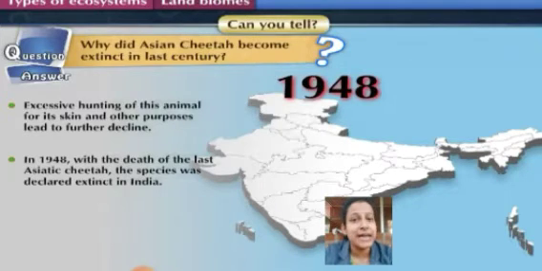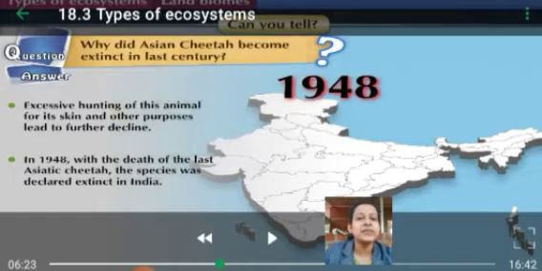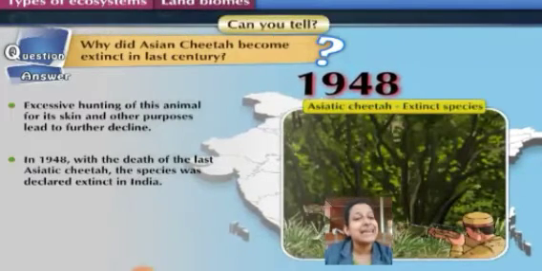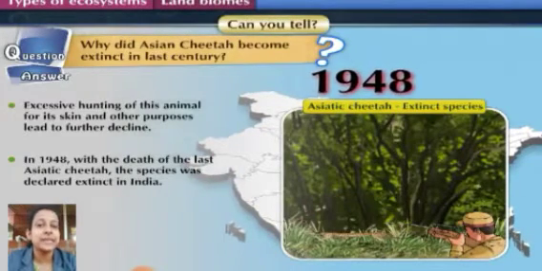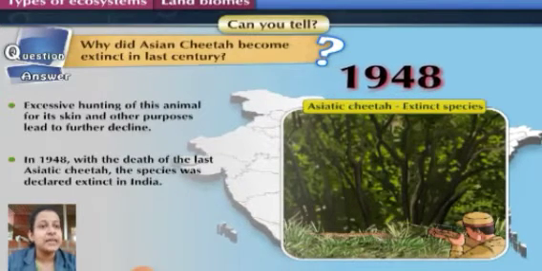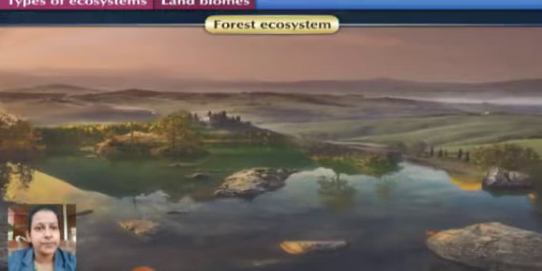So this was another reason, hunting for the skin. Next, in 1948, with the death of the last Asiatic cheetah, the species was declared extinct in India. So the last cheetah died in 1948.